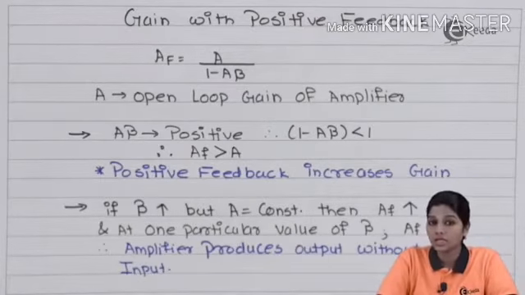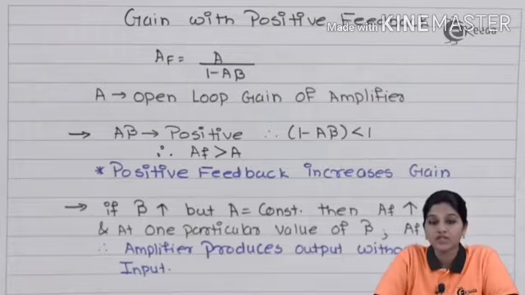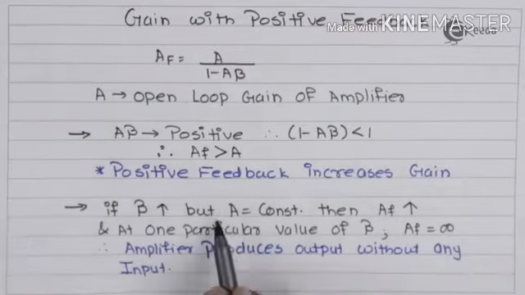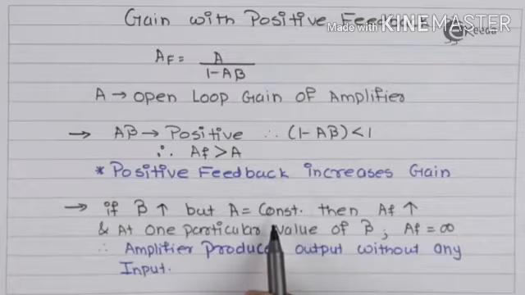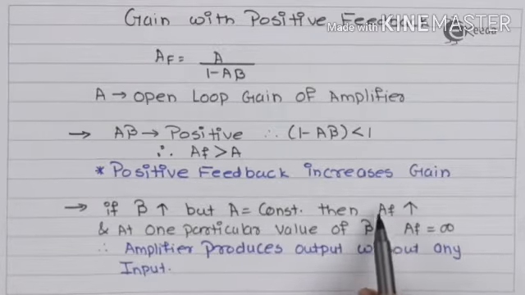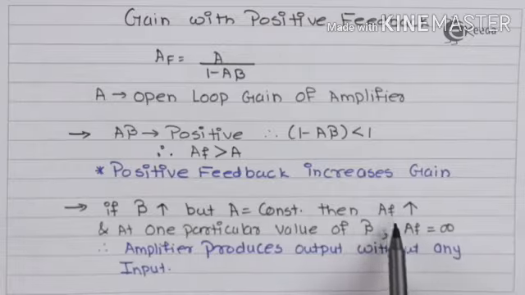Now, the second condition that can be proved from the equation is if we increase the value of beta by keeping the open loop gain of the amplifier constant, then the gain of positive feedback, that means AF, gets increased.